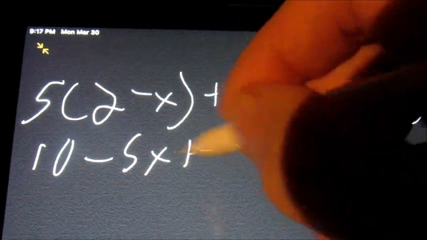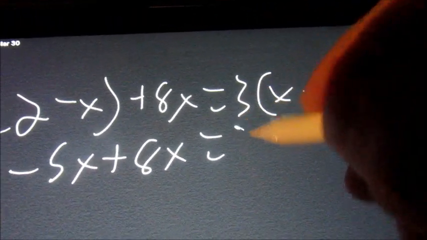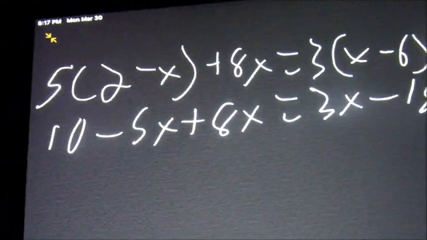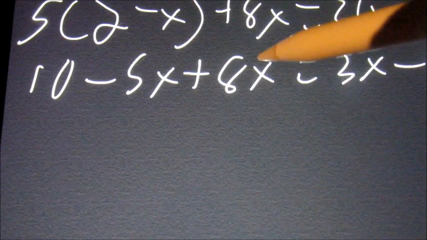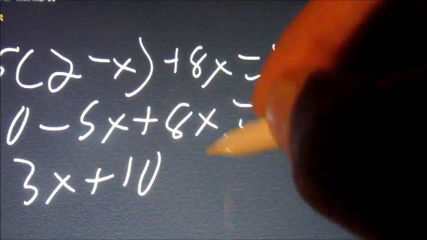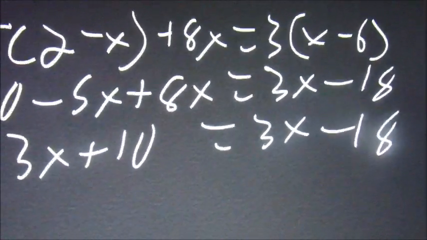So we're going to have a 10 minus 5x plus 8x equals, distribute the 3, we'll have 3x minus 18. Okay, so now we're going to combine like terms. We have an 8x minus a 5x. So we have a 3x and a plus 10 equals 3x minus 18.